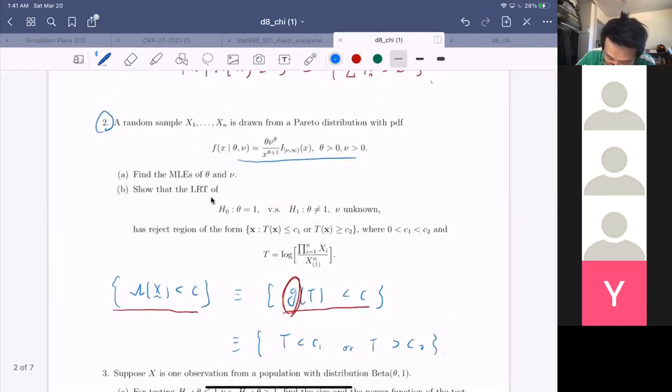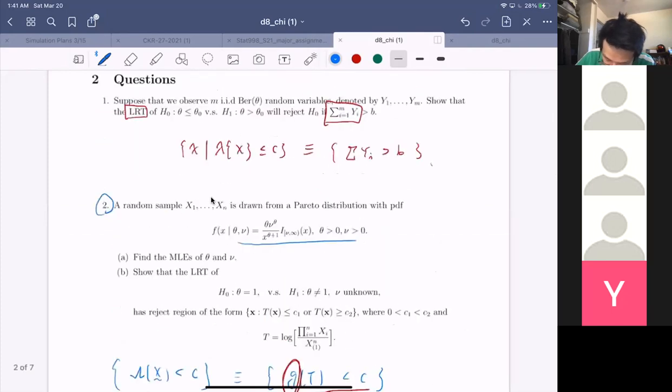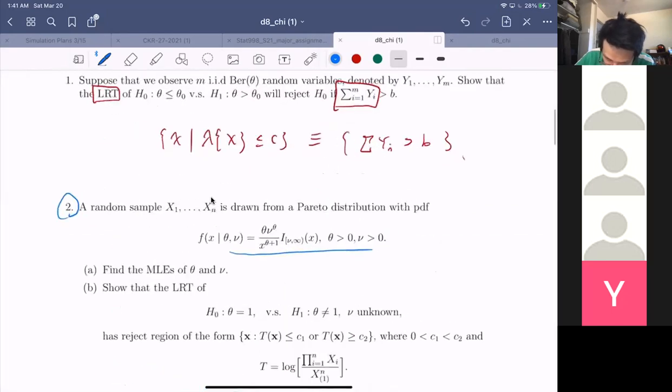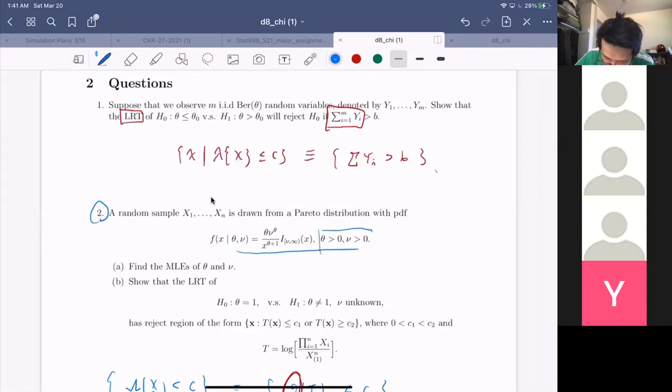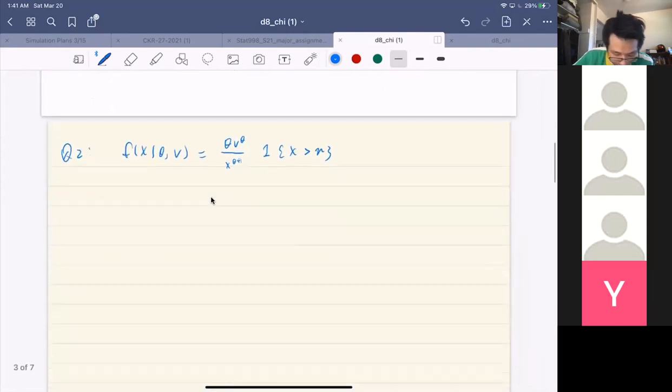And the domain is x greater than v, and all the parameters are positive.